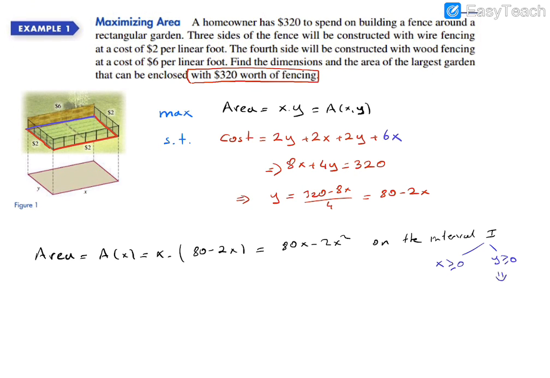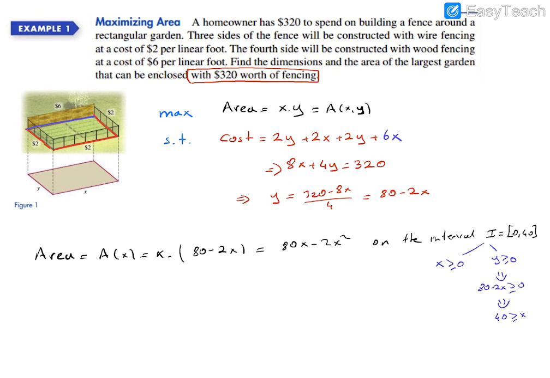From the fact that y is bigger than or equal to 0, since y equals 80 minus 2x, 80 minus 2x is bigger than or equal to 0. So this implies x is less than or equal to 40. As a result, our interval is the closed interval 0 to 40. So x changes between 0 and 40.